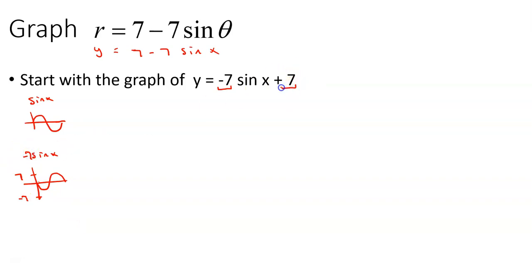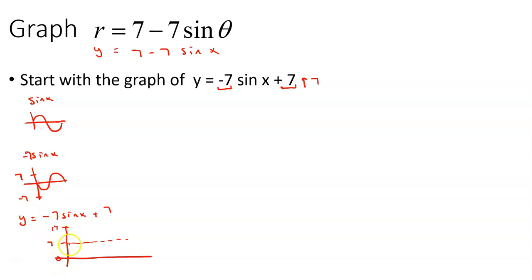The plus 7 at the end is going to push that up 7 units. So y equals negative 7 sine x plus 7 is going to look like this. Instead of having a midline at 0, it's going to have a midline at 7. It's going to go up to a max of 14, and it's going to come down to the axis.